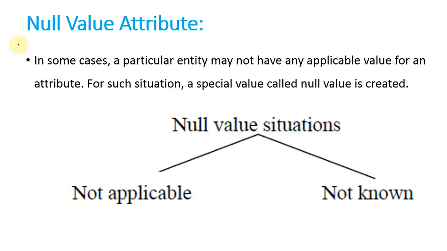And the null value attribute. What do we mean by null values? The null value situations are two: not applicable and not known. Most of the time we leave some areas blank in our forms. If online forms are given to you for filling in information about yourself, you will not fill all the fields.